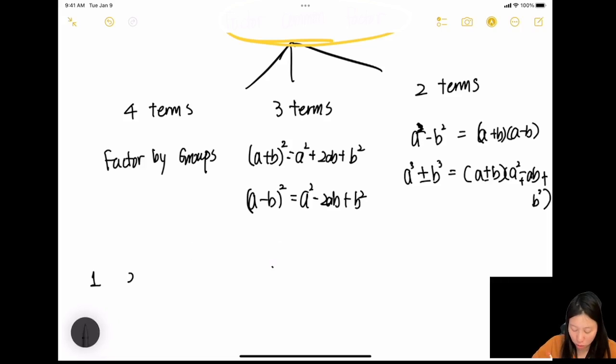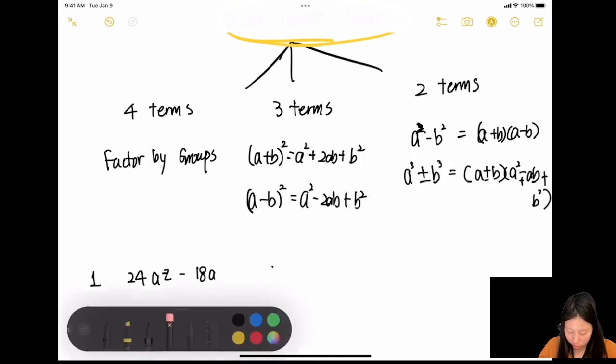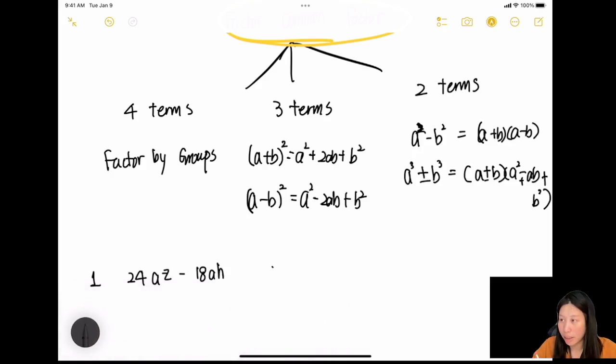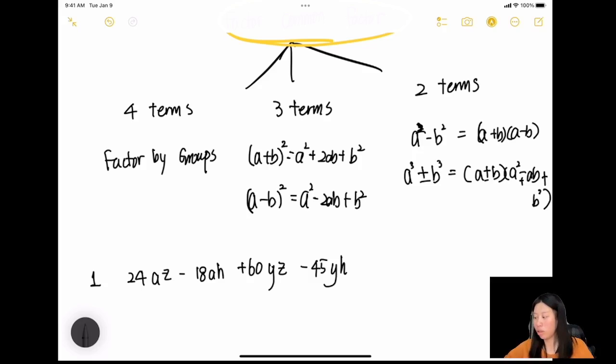Okay, first one, we have 24az minus 18ah plus 60yz minus 45yh. Okay, so how are we going to do this one?